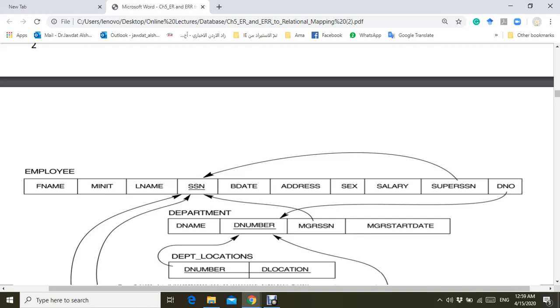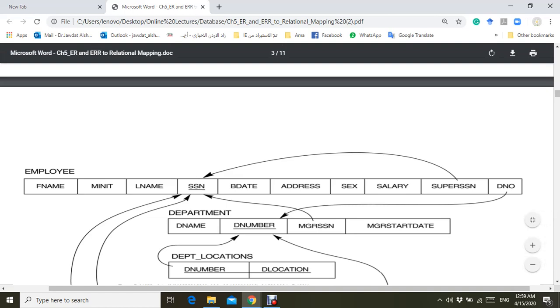For example, the employee works for a department, and the employee is the many participant. So in the employee we put the department number in the relation works for, which employee, which department.